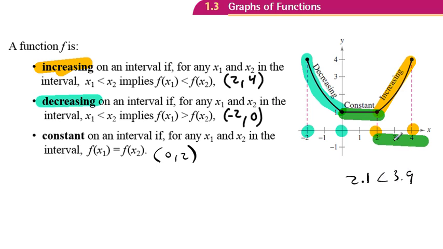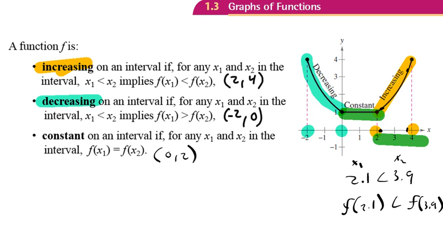This is my x1, this is my x2. That implies that f of 2.1, which should be somewhere right here, must be less than f of 3.9. If you look at it, see how the y value is bigger? That's what it literally means: if you choose two values within the interval, the lower one should have a lower y value.